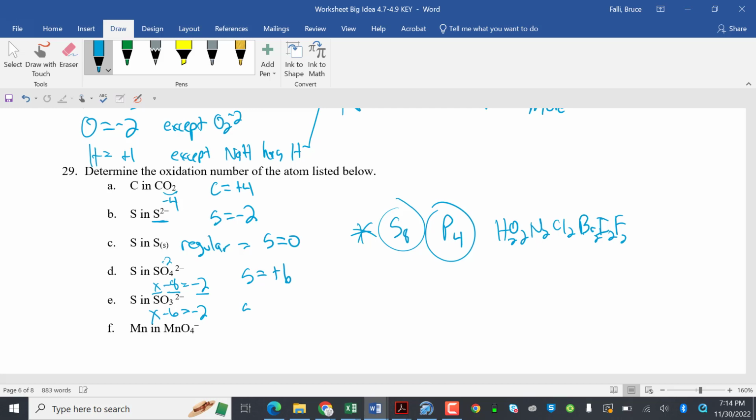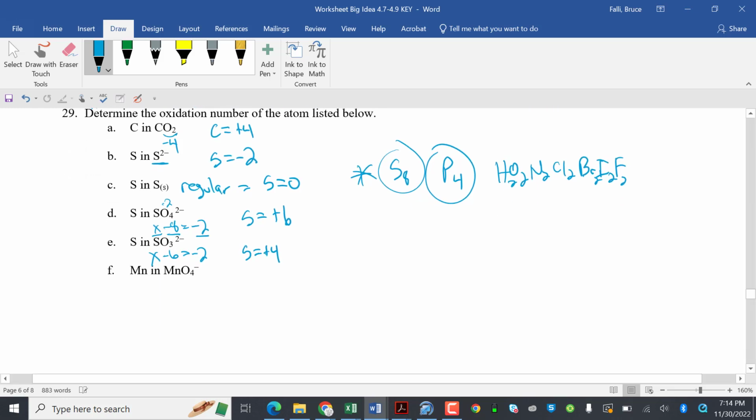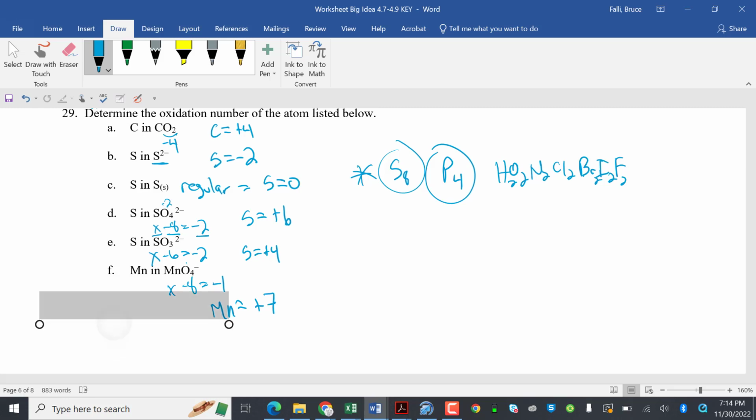So sulfur here is +4. Mn in MnO4 negative. So I have -8 from the -2s. So X minus 8 equals -1. So Mn equals +7. And you should put the plus when they ask for the oxidation number.